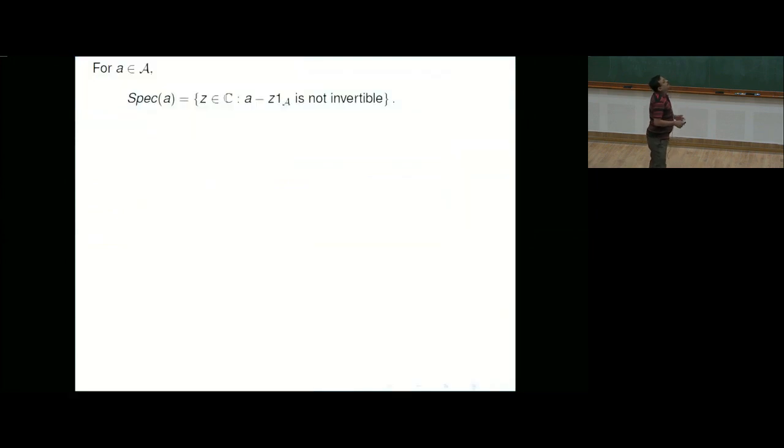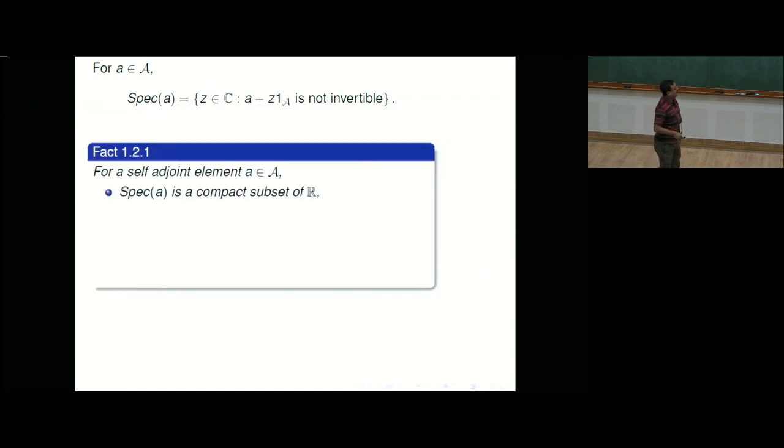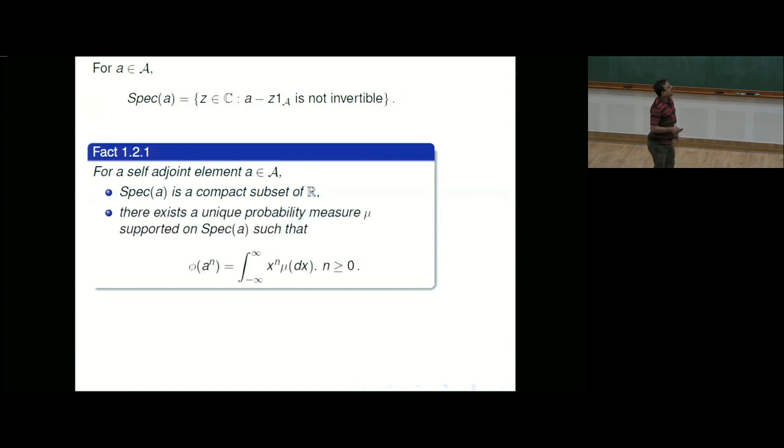So for any element A in script A, its spectrum is just the collection of all those z such that A minus z times the identity is not invertible. And not invertible means it doesn't have a multiplicative inverse. So for a self-adjoint element A, the spectrum is a compact subset of R, and furthermore, there exists a unique probability measure mu supported on the spectrum such that phi of A to the power n is given by the nth moment of the probability measure mu.